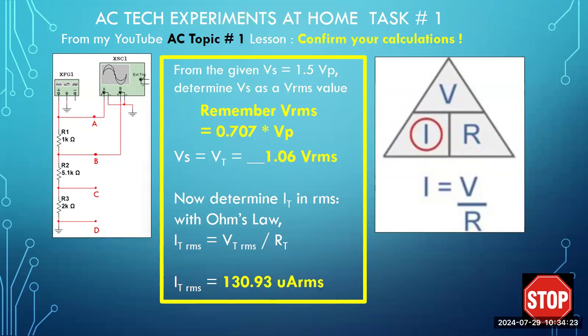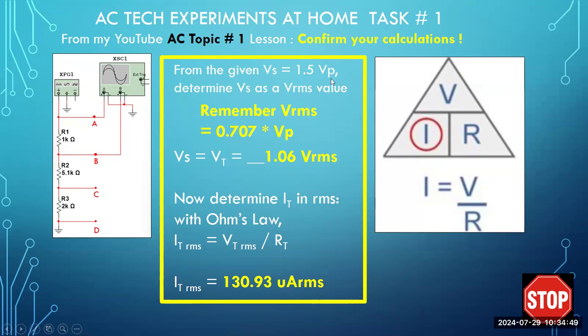We had previously calculated the voltage at point A, which is your voltage source, which is the same as voltage total, by converting the 1.5 volt peak into RMS. How did we do that? We used the formula in the middle of your screen. We took the voltage peak of 1.5, multiplied by 0.707, and calculated 1.06 volts. We have to write down the answer as VRMS.